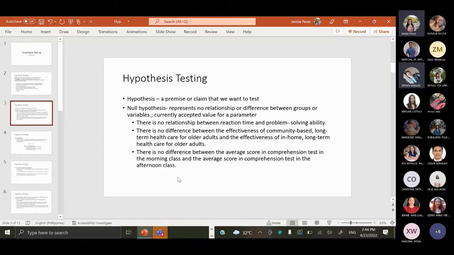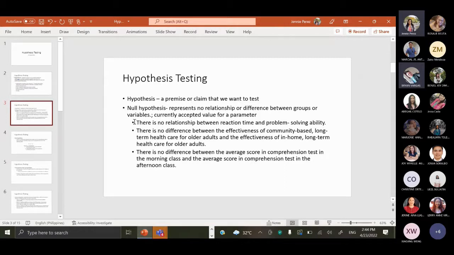So we always assume that the null hypothesis is true unless evidence shows otherwise. It is the benchmark of our decision. So, for example, this one: there is no relationship between reaction time and problem-solving ability.